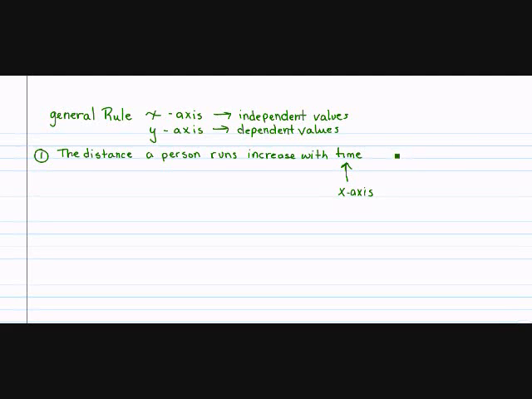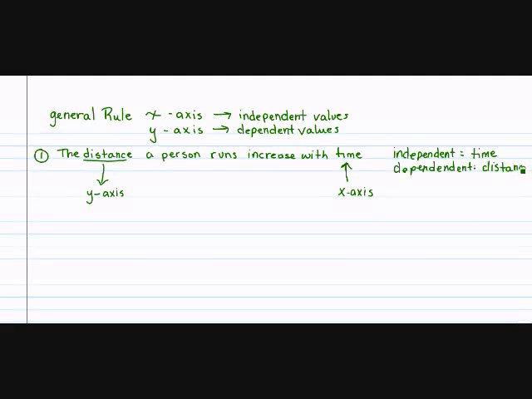So we know right off the bat, your independent would be your time, and the other number in here is the distance, and since time goes on your x-axis, distance goes on your y-axis, so your dependent would be your distance.